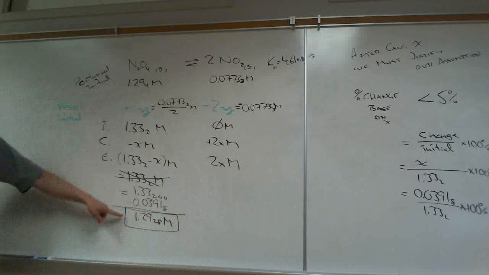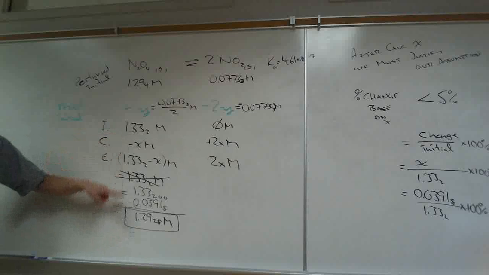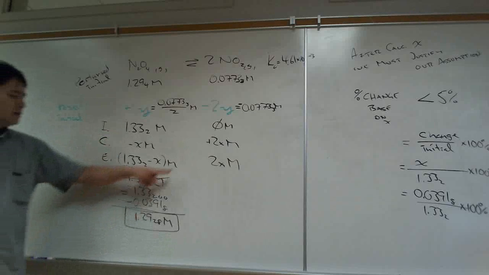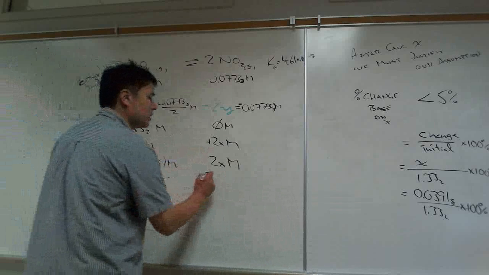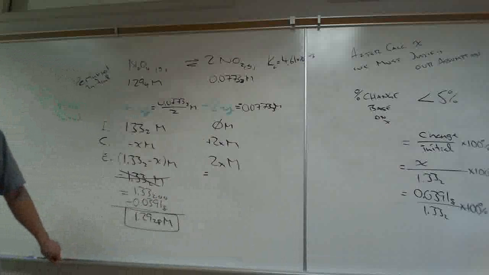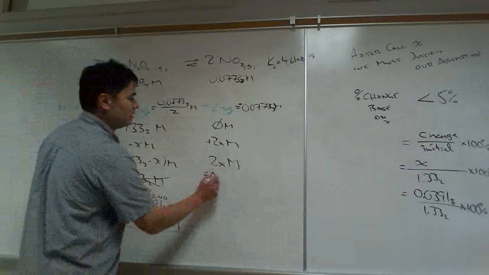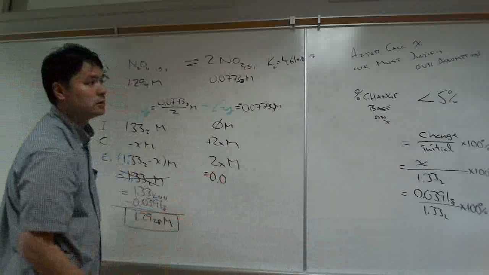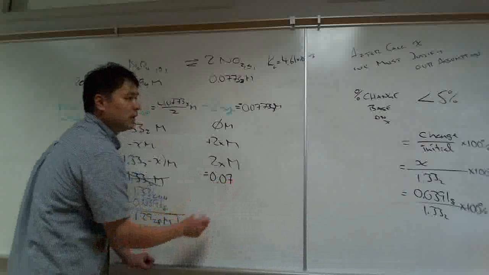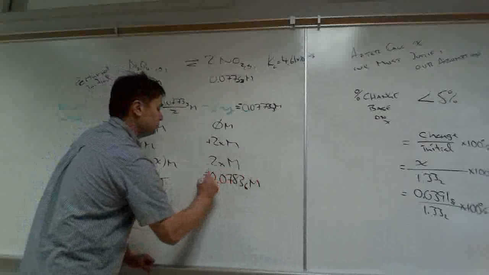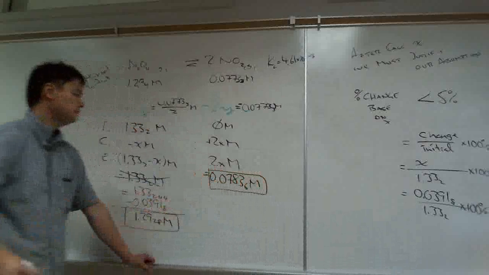And so we did lose a little bit. We went from 1.33 to about 1.29. And then 2x, this is going to come out to what molarity? So we just double that. We get 0.07836 molar.